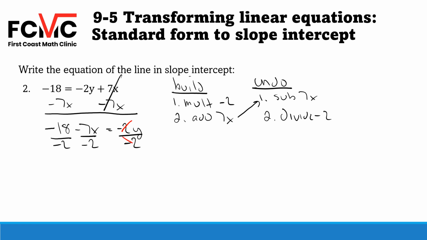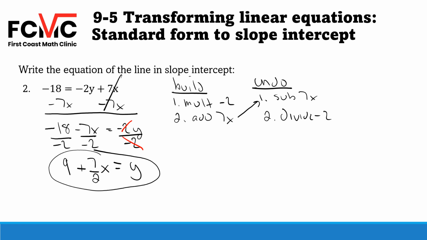The negative 2's cancel out on the right. Negative 18 divided by negative 2 is going to give us 9, and we have a negative divided by negative, so it's going to be positive 7 over 2x. So our y-intercept is the 9, and our slope is 7 over 2. This is going to be our equation in slope-intercept form.